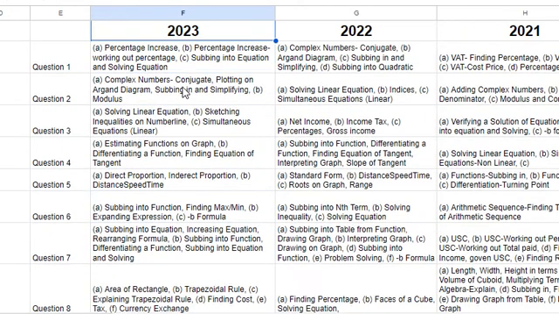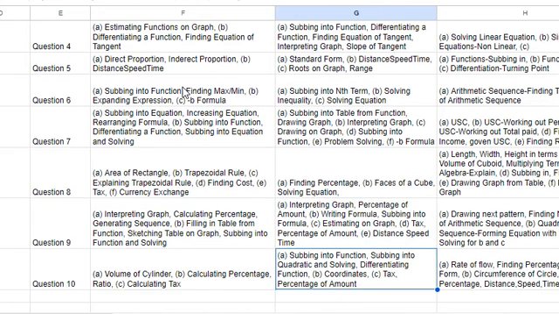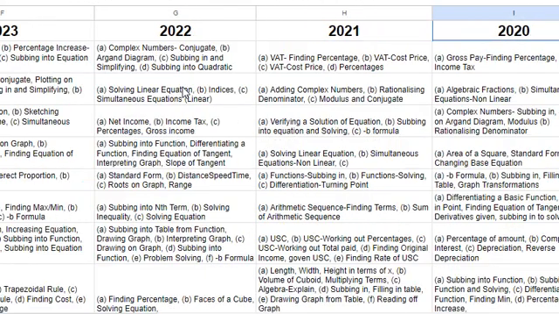If you look at 2022 then, net income tax, so anything to do with income tax is always going to do with calculating percentages. Finding percentage comes up in question 8 as well in part A, and then there's more about tax in question 10 as well. So percentages comes up quite a bit throughout the paper.